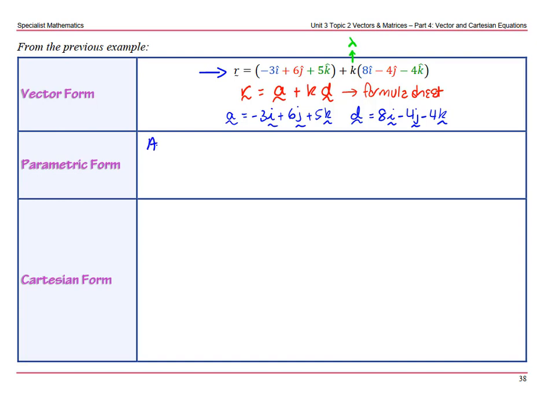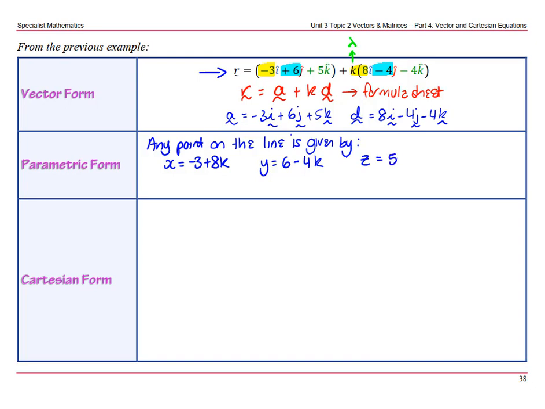Now parametric form, any point on the line is given by, so our x is going to be -3 + 8k, reading from that vector equation. Our y is going to be 6 - 4k, again from the vector equation. And our z is going to be 5 - 4k.